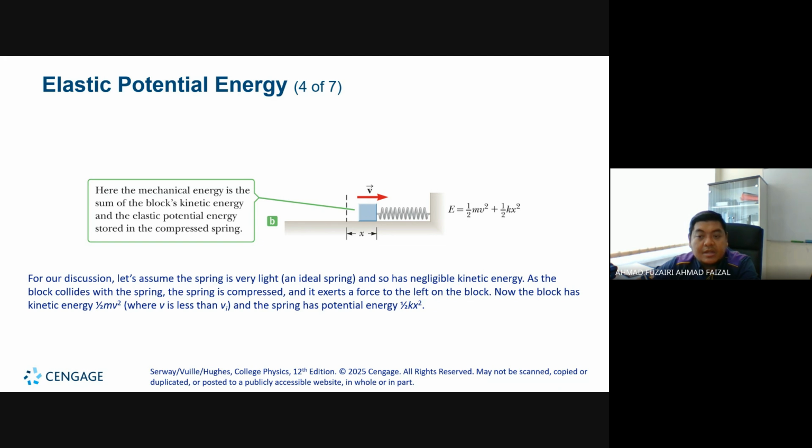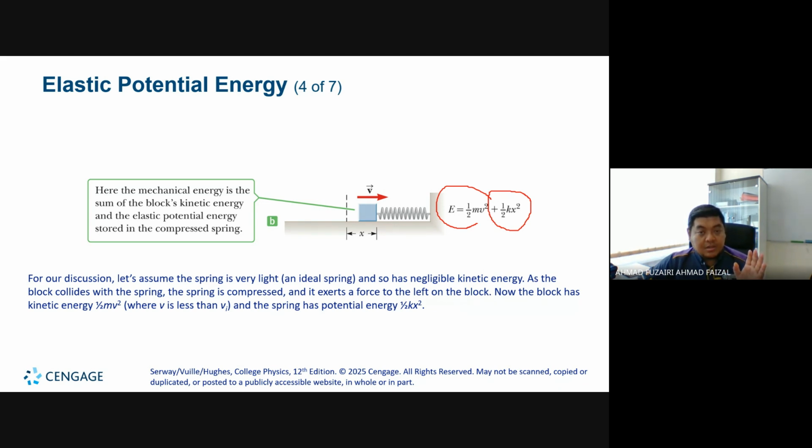Now the block has a kinetic energy of half mv squared, where v final is less than v initial, and the spring has a potential energy of half kx squared. That means the system has both half mv squared and half kx squared.